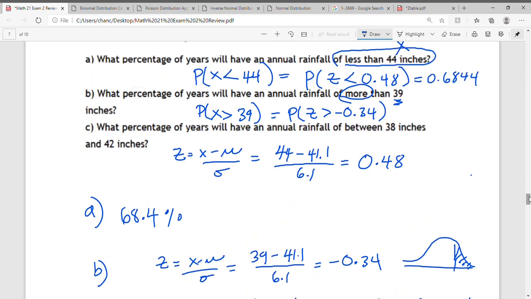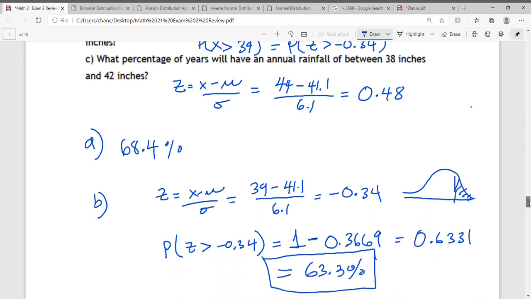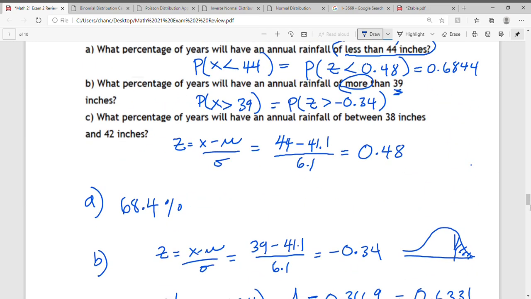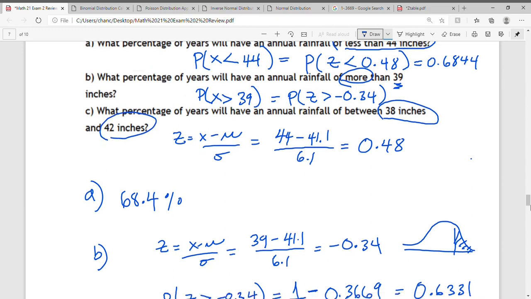In part C, what percentage of years will have an annual rainfall of between 38 inches and 42 inches? For part C, I want to find the probability that x is between our values of 38 inches and 42 inches.